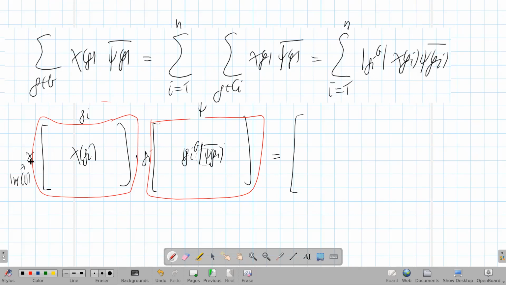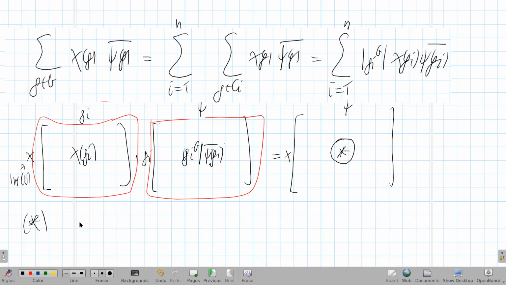If you multiply the chi row by the psi column, in this position you will get exactly this, because you get the sum over i ranging from 1 to n, because that's the column index, of this, and then this, okay?